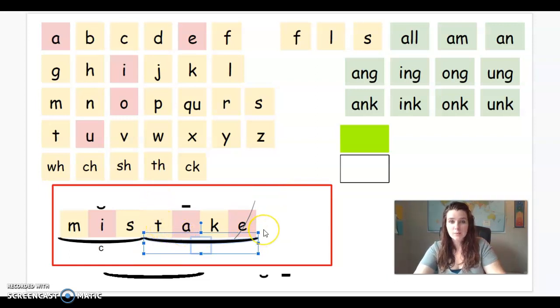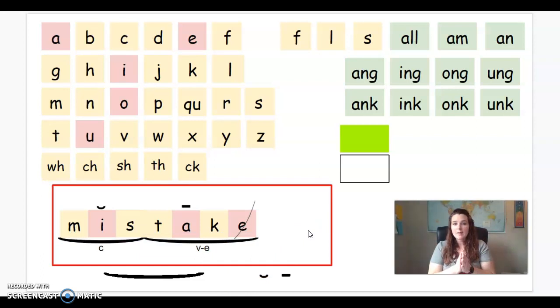What is this syllable? A vowel, consonant, E syllable. So let's put our V-E in to make it a vowel, consonant, E syllable. Now that we have it separated, now I can read it. Let's read our first syllable, and then we'll come back and read our second syllable.